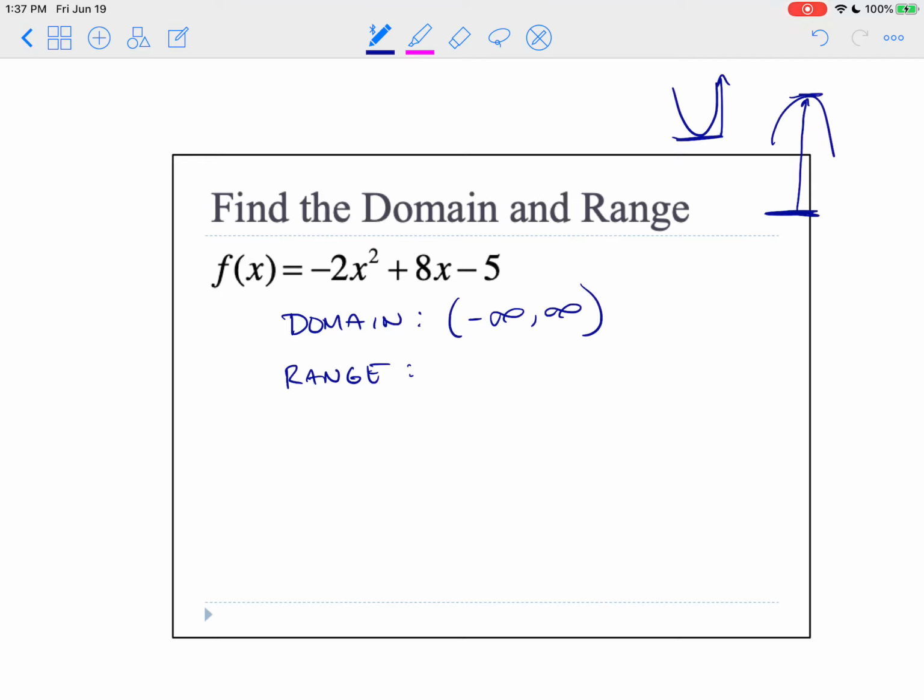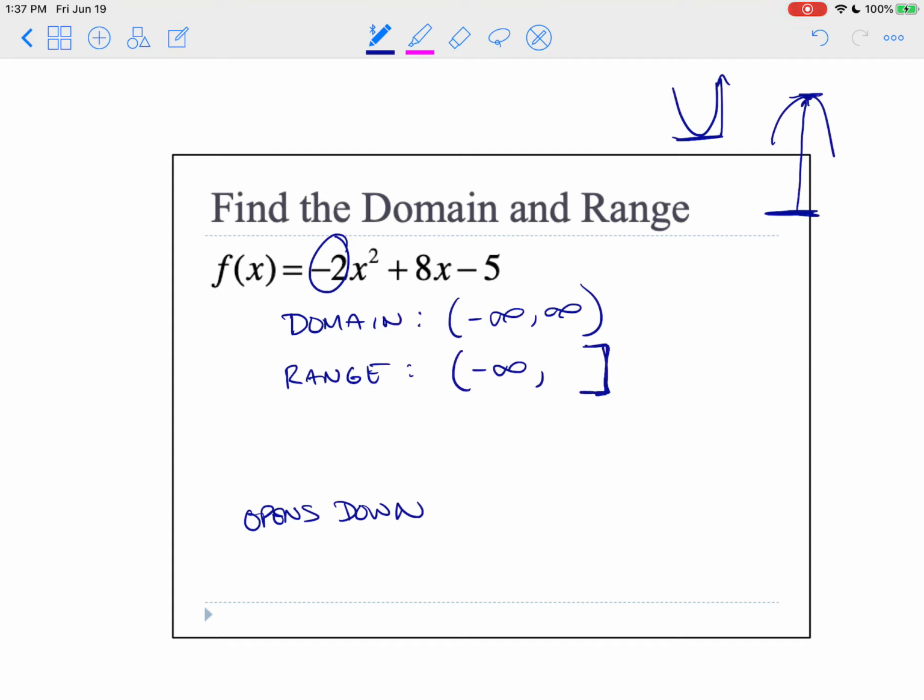Okay, so I need to figure out what the y-coordinate of the vertex is, and I need to know whether this function is opening up or down. Well, I see the -2 out in front, which tells me that this opens down. Okay, so I can automatically say that the range is from -infinity to some value, including that value, because I do get to that point.